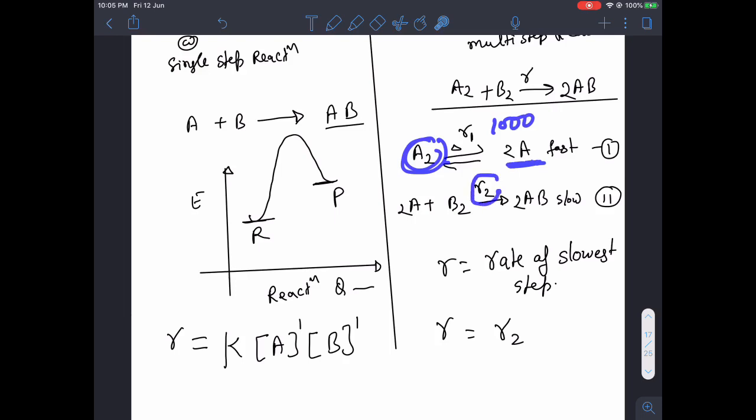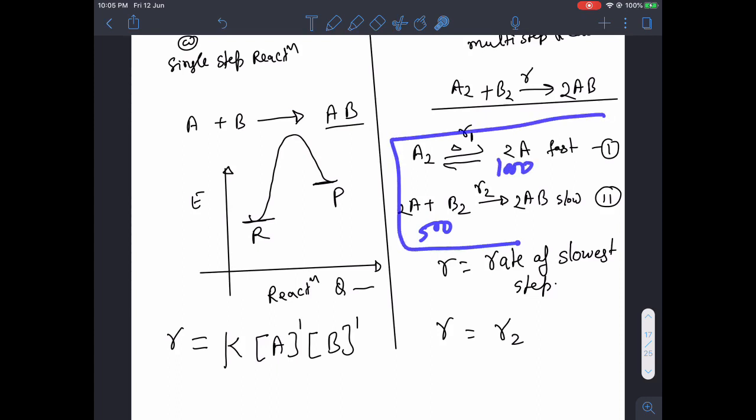But for the second reaction, because the energy required to break the bond B is also high, the requirement of this reaction is that it is consuming hardly 500 of this. So what will happen over a period of time? A will start accumulating here, right. Tell me, if B is only consuming 500 molecules, and here we are getting 1000 molecules, per second how much AB are we going to get?